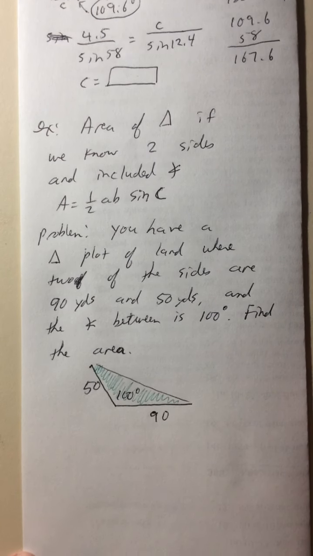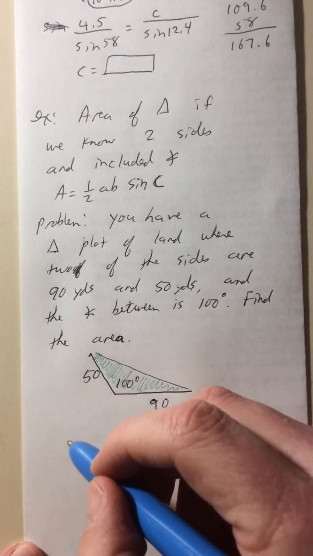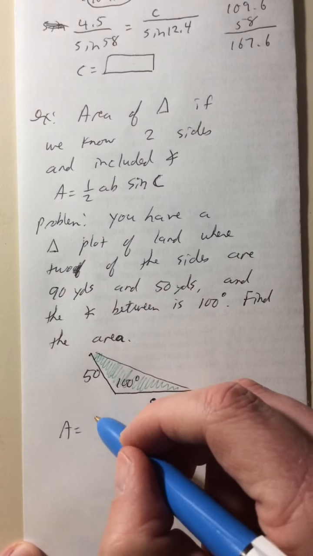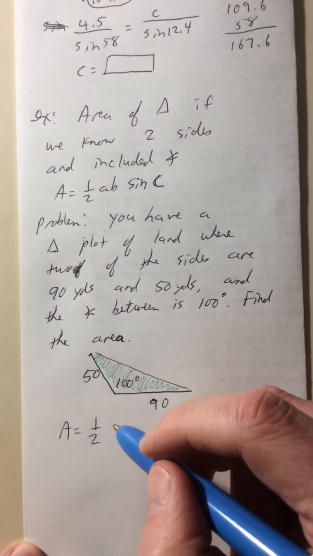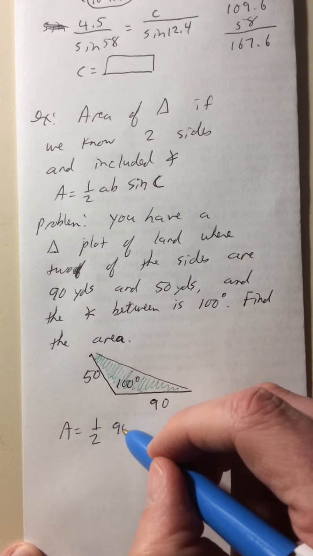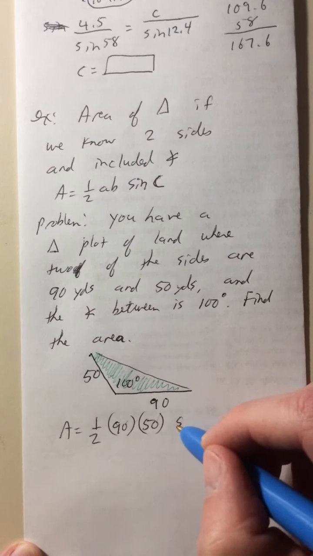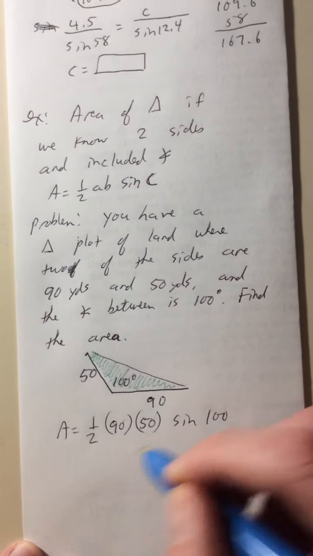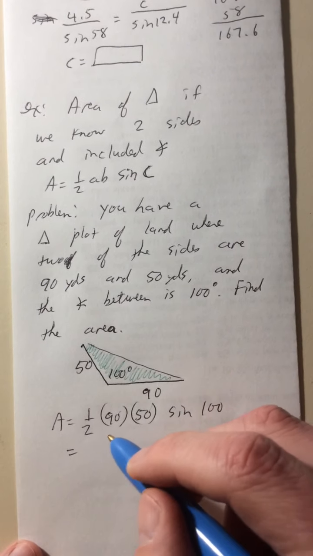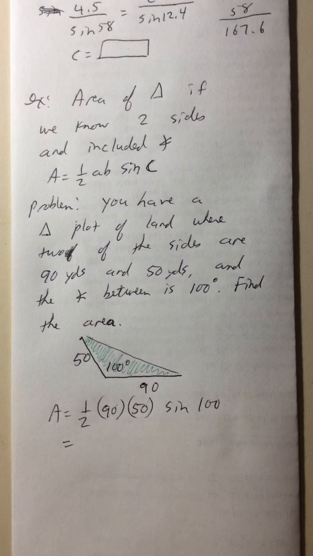So we just do our formula. So area equals 1/2 AB, so that's 90 times 50 times the sine of 100. So half of 90 is 45. So we got 45 times 50 times, oops, I should probably turn my calculator on.